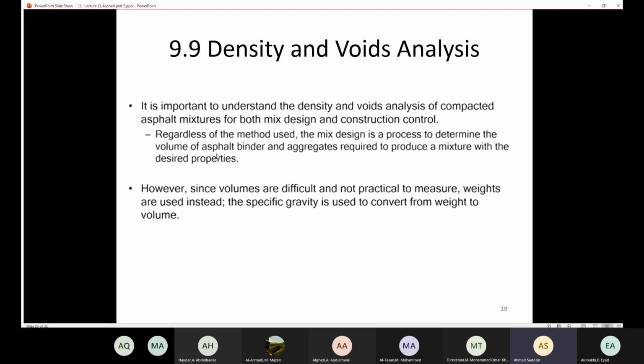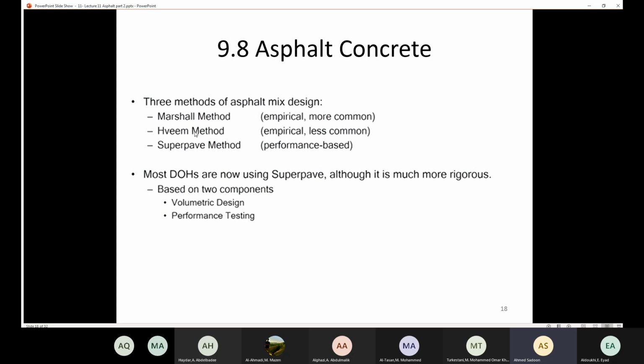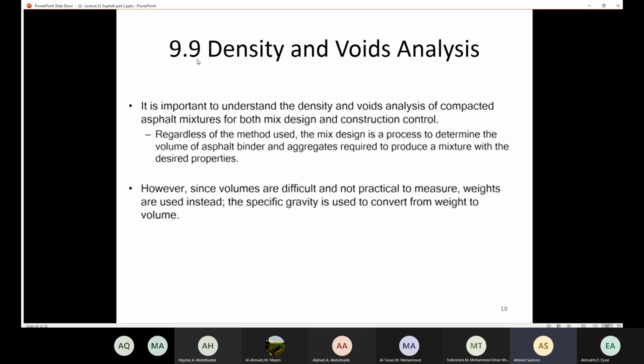So regardless of the method, whether you use Marshall, Hveem, or Superpave, you need to understand the density and the void analysis. Regardless of the method used, the mix design is a process to determine the volume of asphalt binder and aggregates required to produce a mixture with the desired properties. So it's important to understand this.